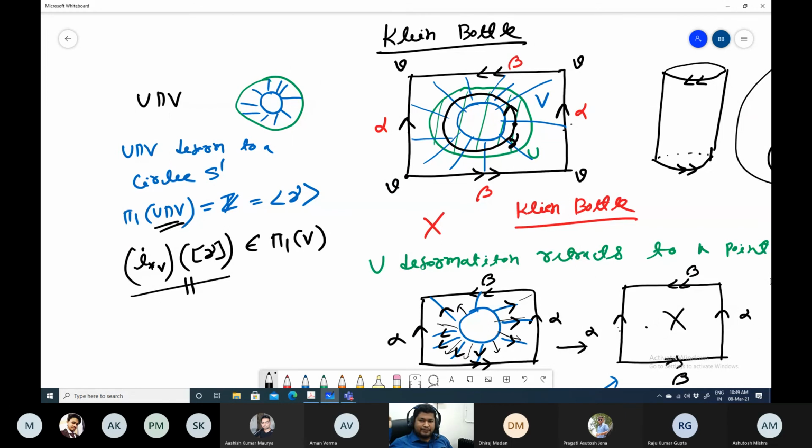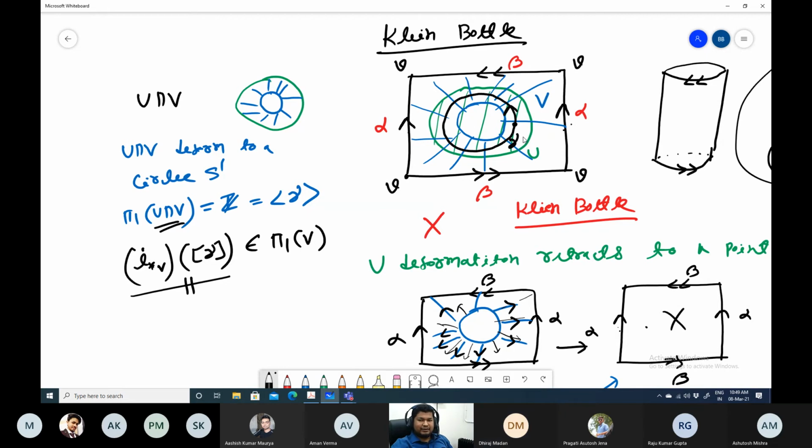See the figure and tell me what will be that circle in V. Now gamma is a circle in U intersection V. Now what is that circle in V? Alpha, beta, alpha inverse, beta.